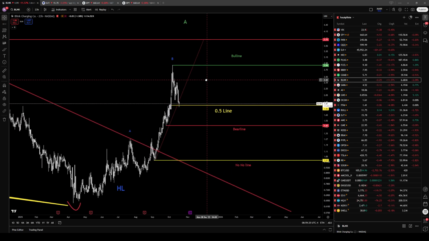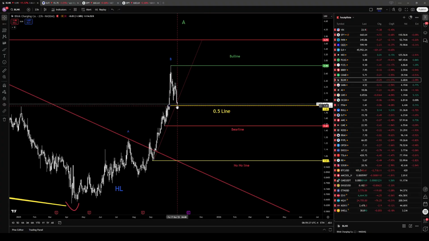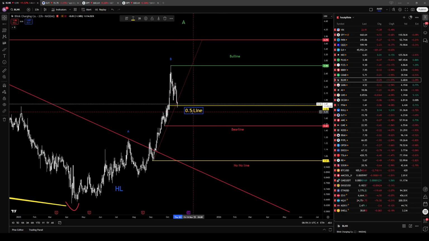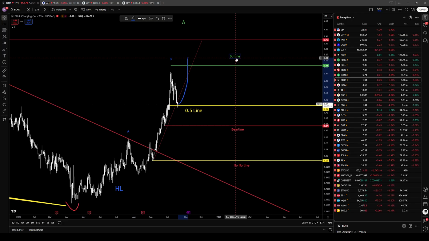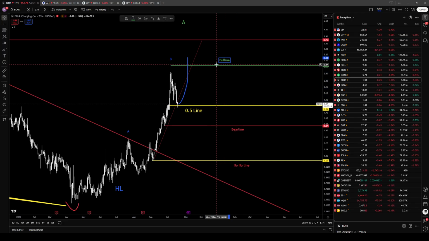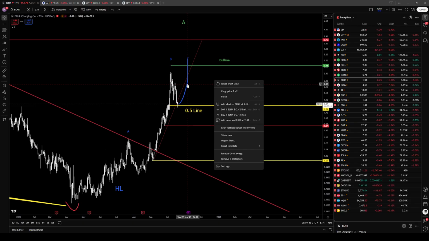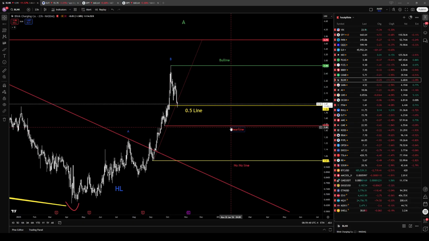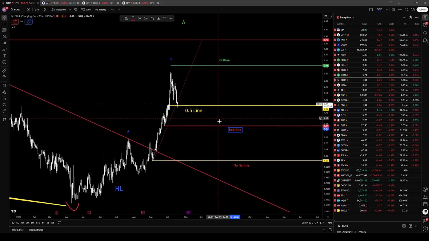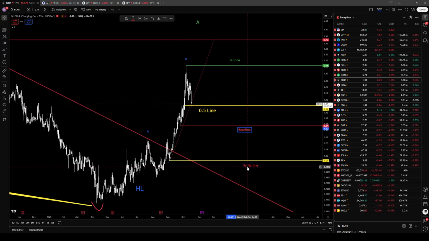For me, it could easily be already finished with the pullback because we already came down to the 0.5 fib retracement, and that would mean we bounce here, break the bull line by 284 and go to your A, little pullback, and then your B. What I don't want to see is breaking under the B line, and what makes this tracking wrong would be breaking under the no-low line at $1.